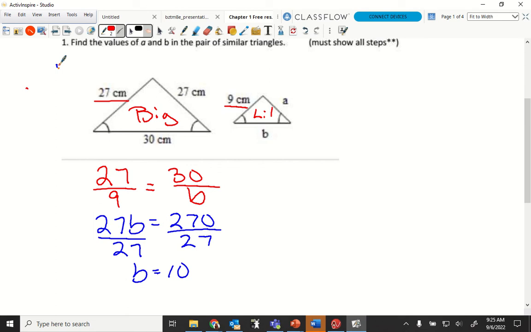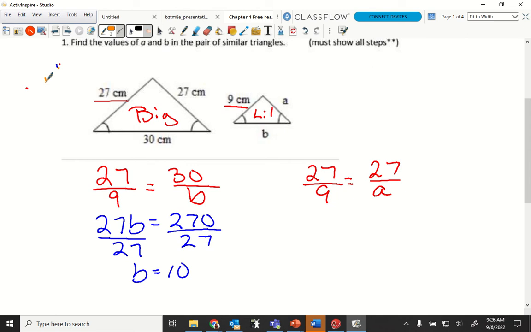So I'm going to start off with the 27 over 9. Now, how am I going to write this next one out? 27 over A. And then cross products again. I want orange this time.